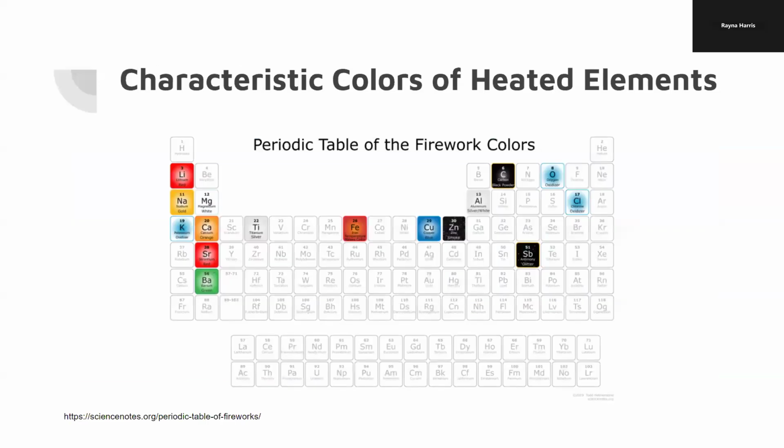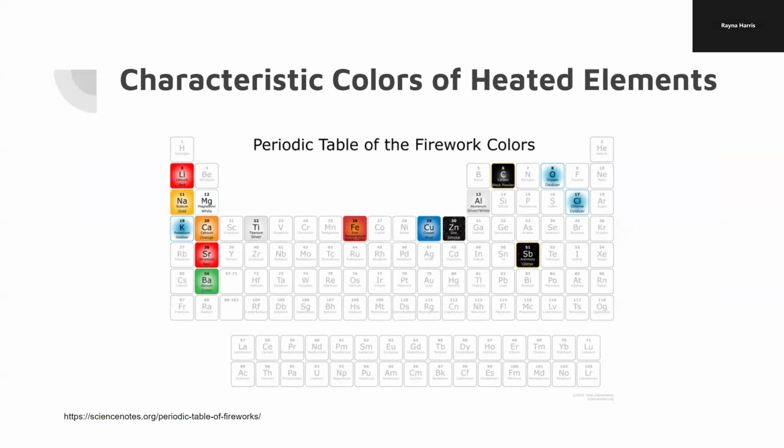Again, we're going to have a million periodic tables. This is another periodic table, color coded by the color that these metals exhibit when they're subjected to heat. So we've got yellows and reds and greens and blues, and these metals are each associated with a specific color.